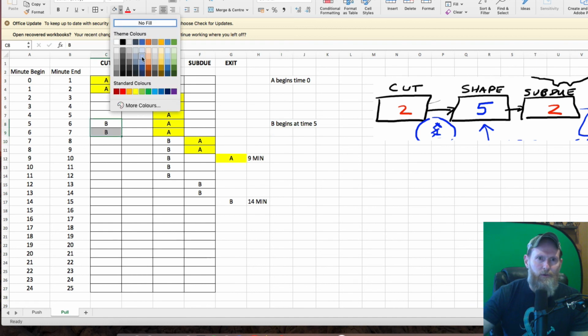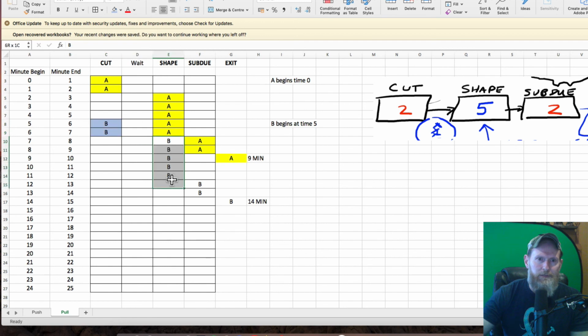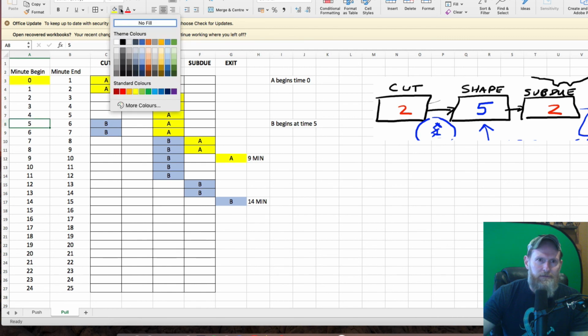I can't remember what B was before, but doesn't matter. Just so you can see that B is different. Okay, so A begins at time 0. Let's go a little yellow here. And B begins at time 5.